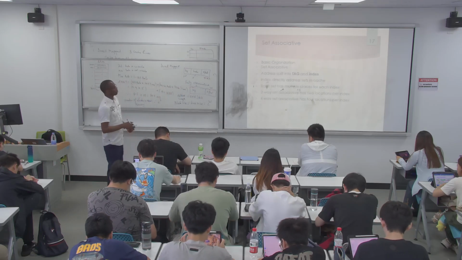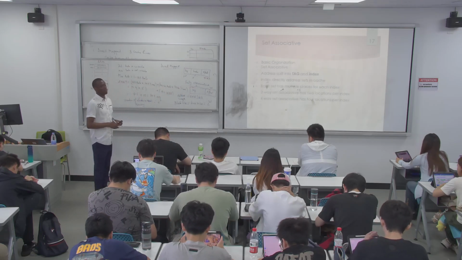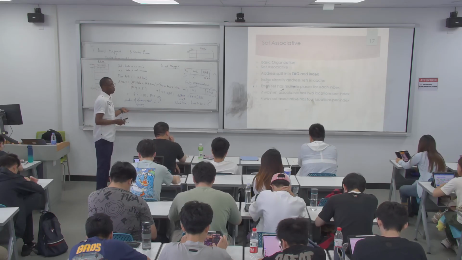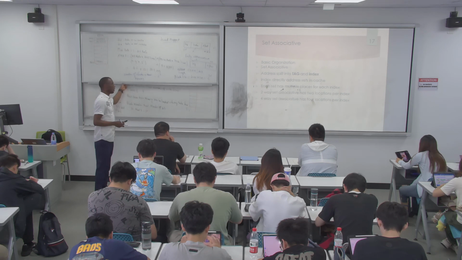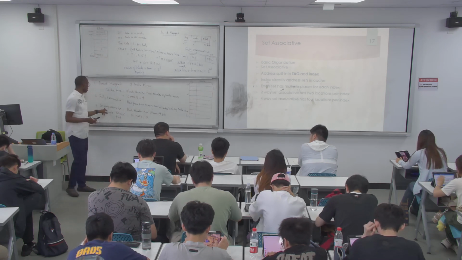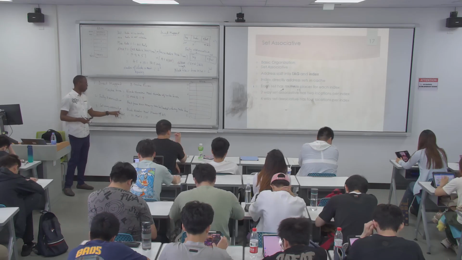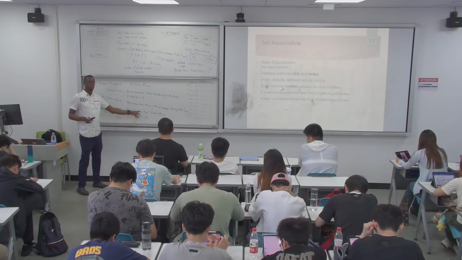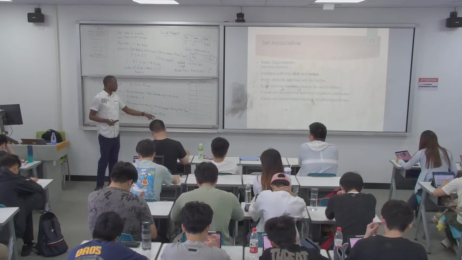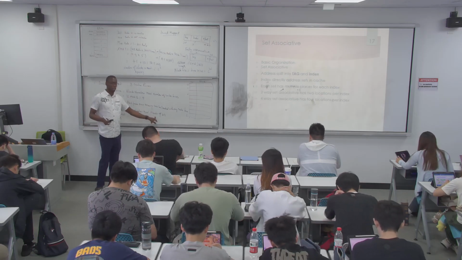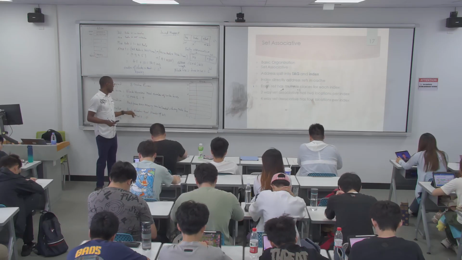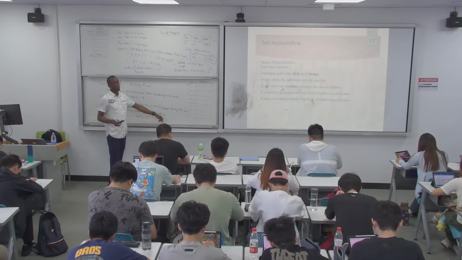Now, for set associative, we know that we can find a specific set for a specific main memory block. As we have seen here, for set associative, if we have the block number from the main memory, we can find a specific line for the block by doing the block number mod the number of sets.